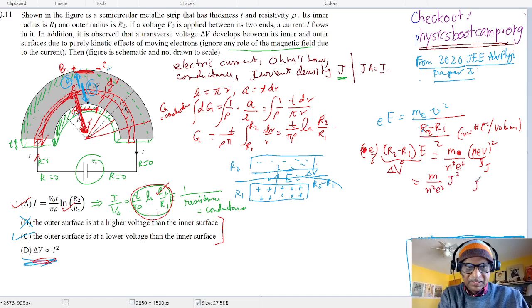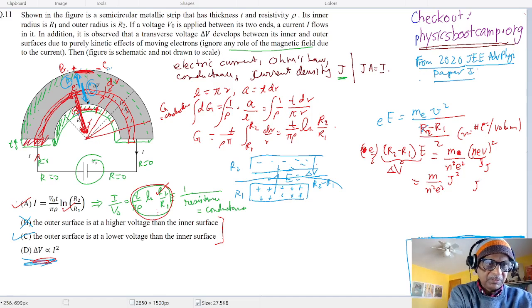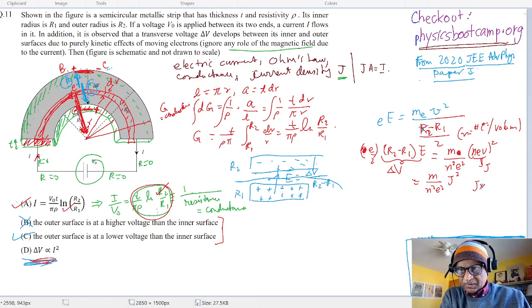Now J times the entire cross-sectional area, T times R2 minus R1, equals the current, so we can just square it.